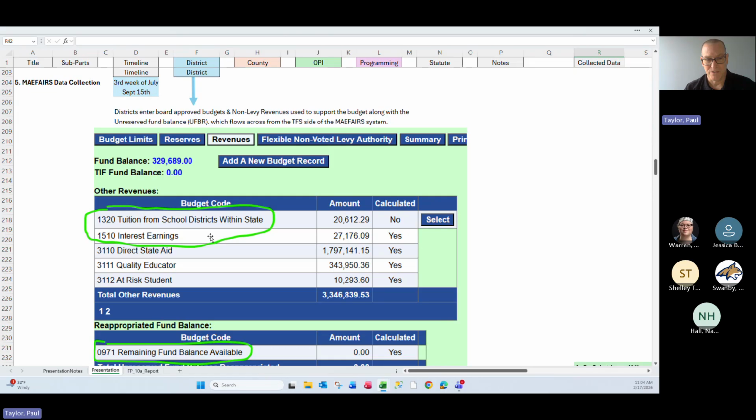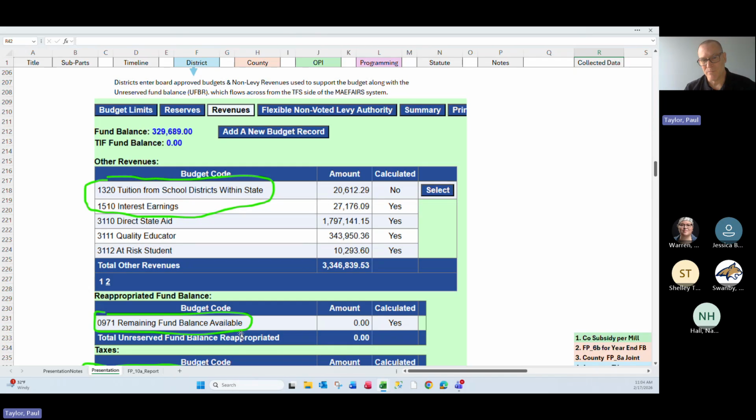Another thing that's being shown on the screen is it says remaining fund balance available. This is funds that you have on your TFS. Let's just do a quick example. You received $100 in, but you only spent $80. Your fund balance is $20.